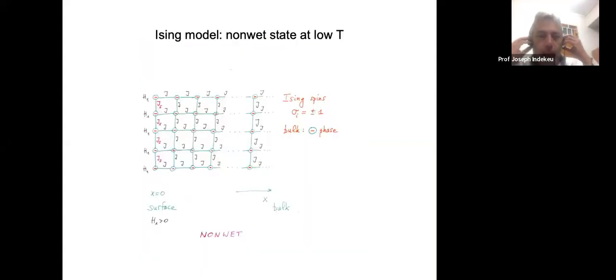Okay. So in the next cartoon, I've drawn, say, a piece of this lattice. Now, to come back to distances, if I say 1 millimeter to the right, then you can certainly count 1 million or maybe 1 billion lattice sites already, because the inter-site distances here are of the order of angstroms. And to the left, of course, we're not going anywhere because we stop there at the surface.